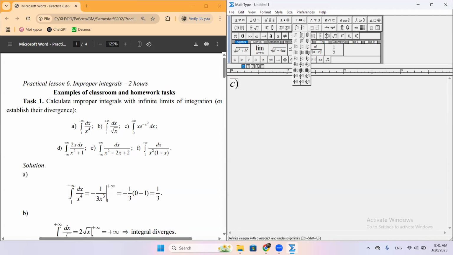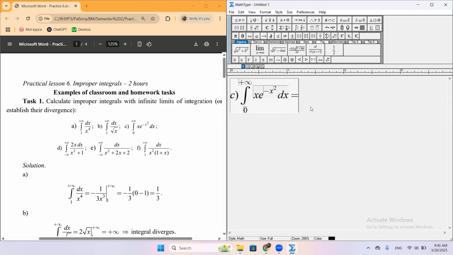The next integral from 0 to plus infinity, x multiplied by e in power of minus x squared dx. So first of all, let's use the differential entry technique.